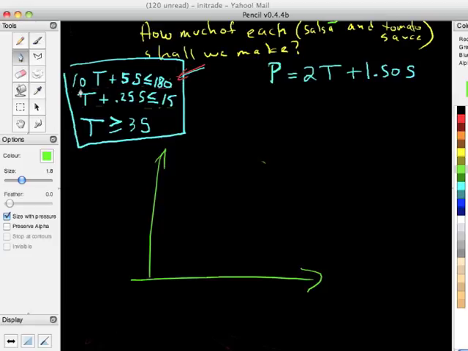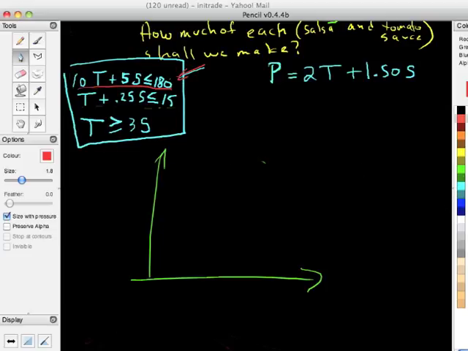But when we graph this first linear inequality, let's just think about some intercepts. Because t is greater than or equal to 3s, this makes me think that t should be on the y-axis.